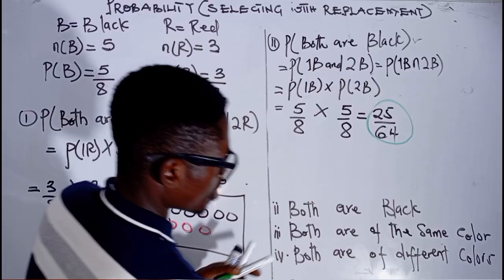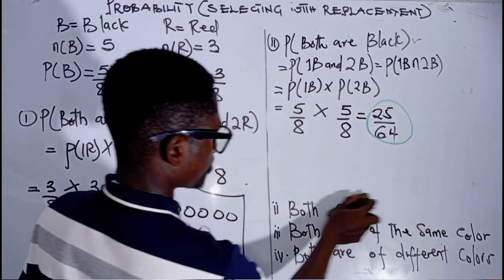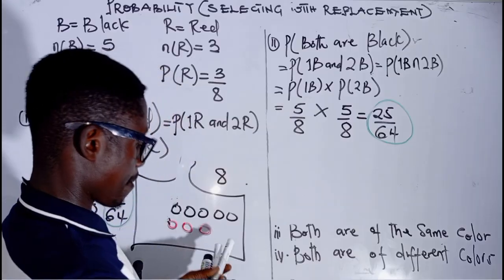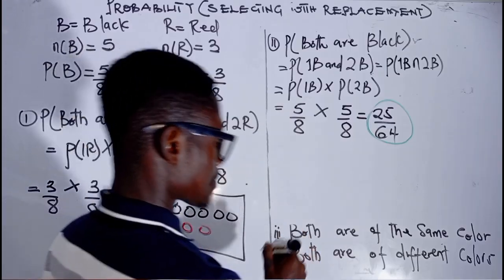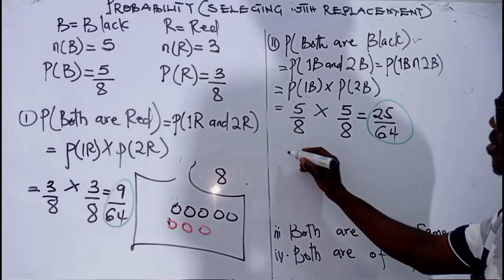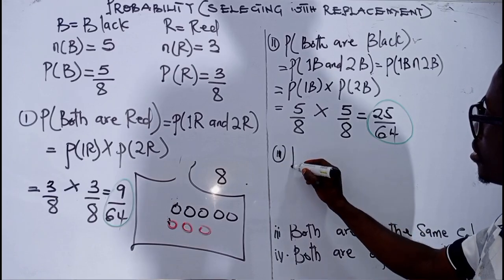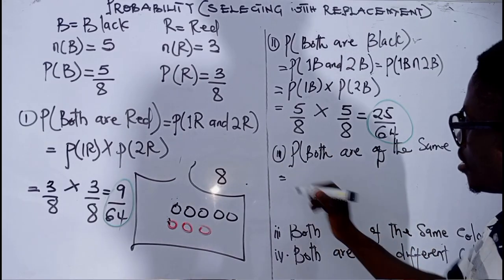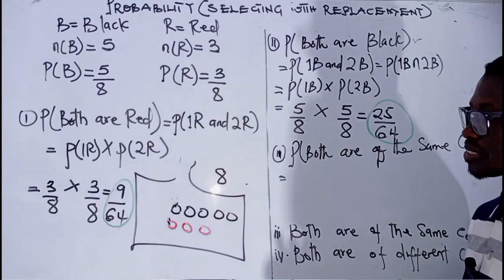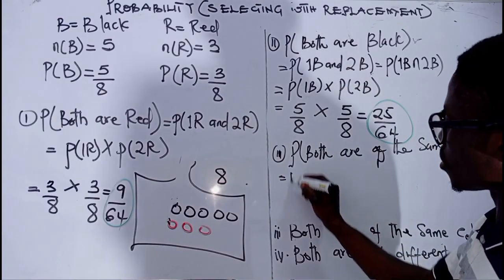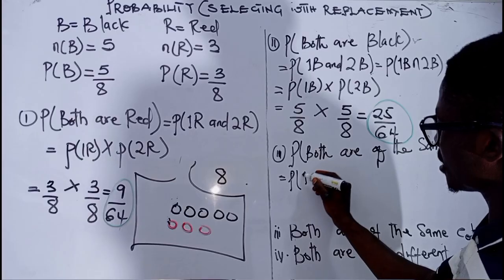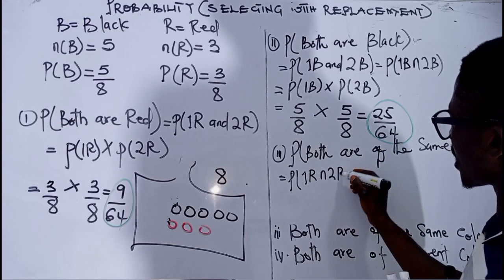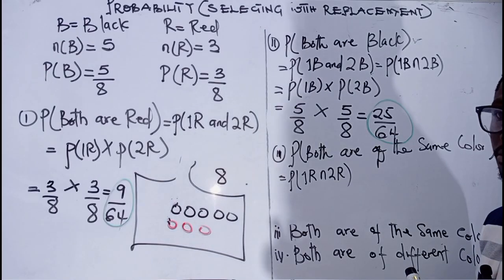Let's look at both are of the same color. So both are of the same color means that on the first draw, we are getting a red marble, and on the second draw, we are getting a red marble as well.